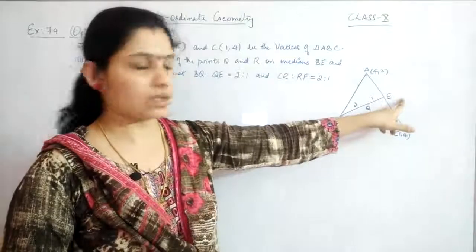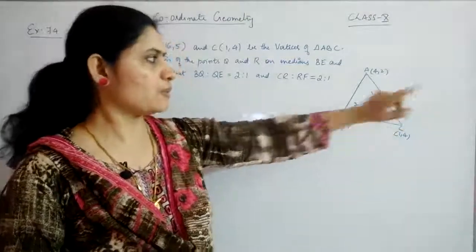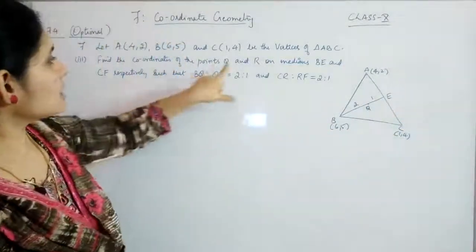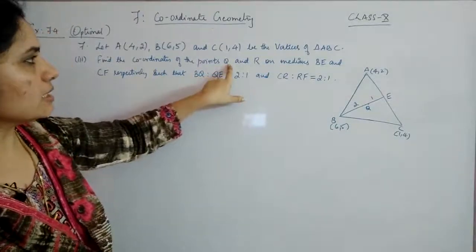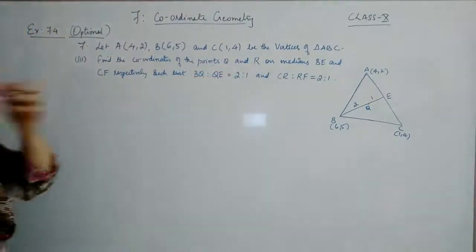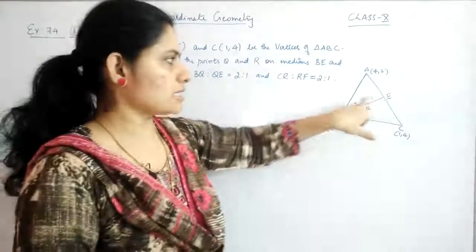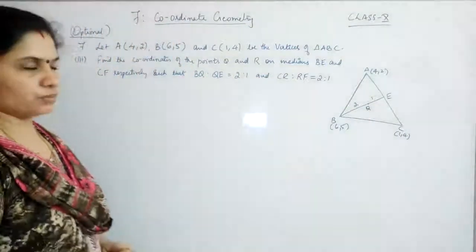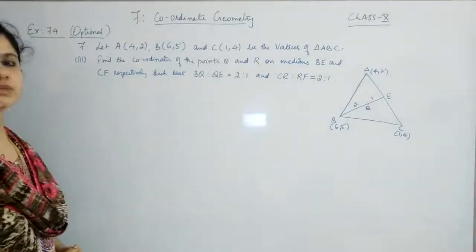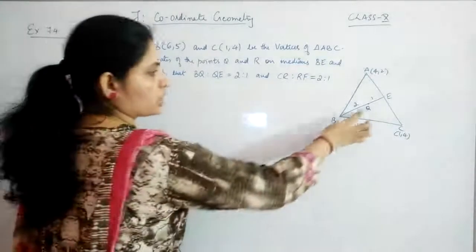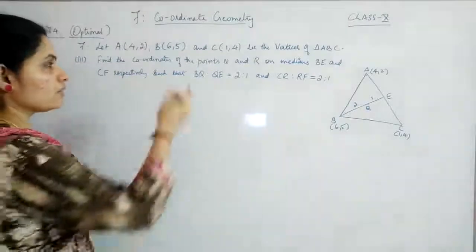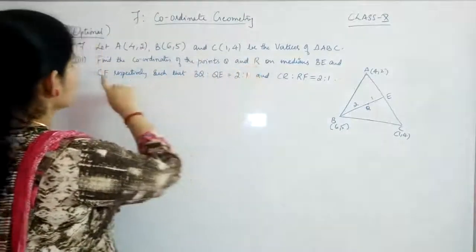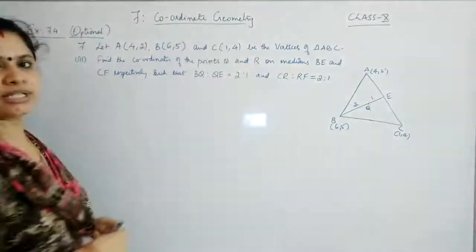That means you can find out the coordinates of E using midpoint formula, and they are saying that Q is the point on the median BE such that it divides BE in the ratio 2:1 at Q. So using your section formula you can find out what is Q then, and after that only we will check for the CF median and point R on it.